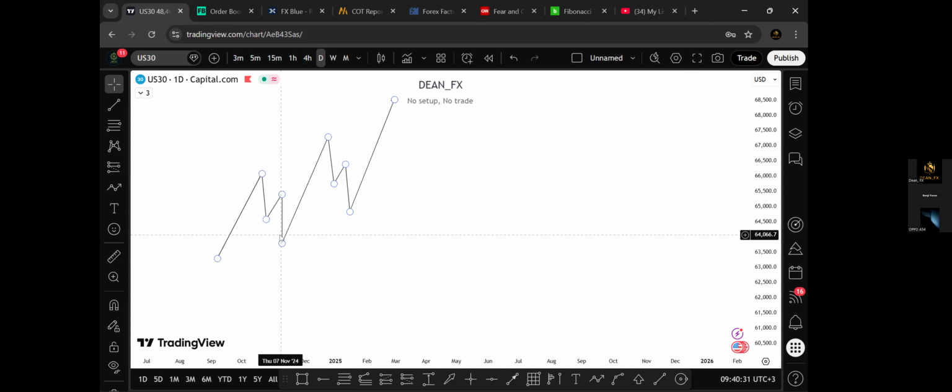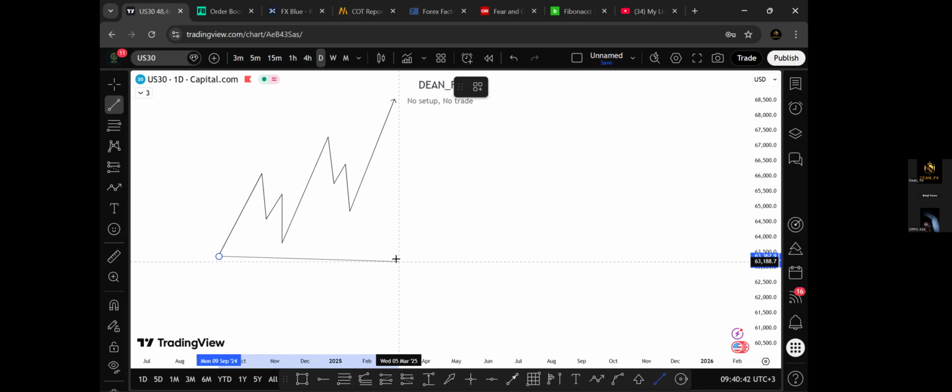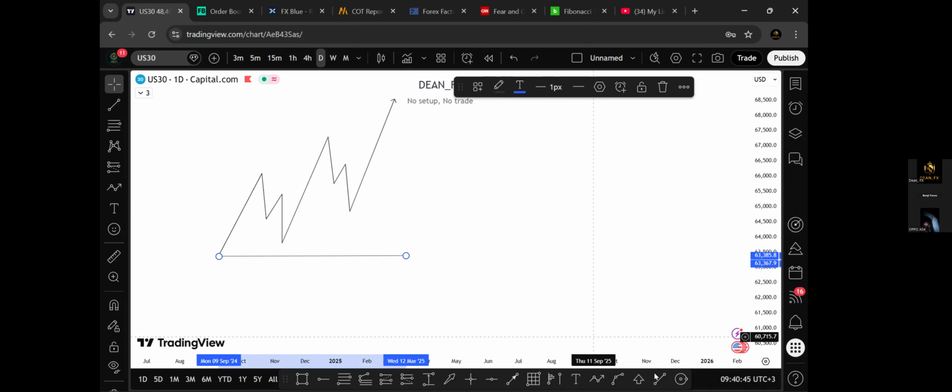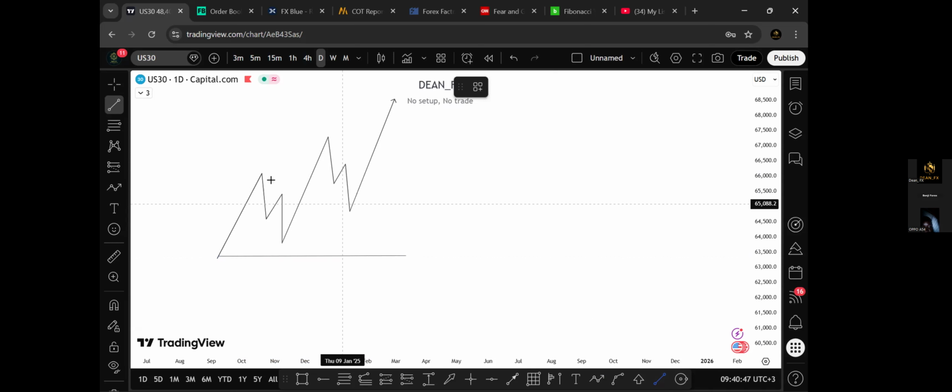Then, let's say for example, this is the low. This is the low that was created previously, or maybe, how can I call it? Yeah, the higher low that was created previously.